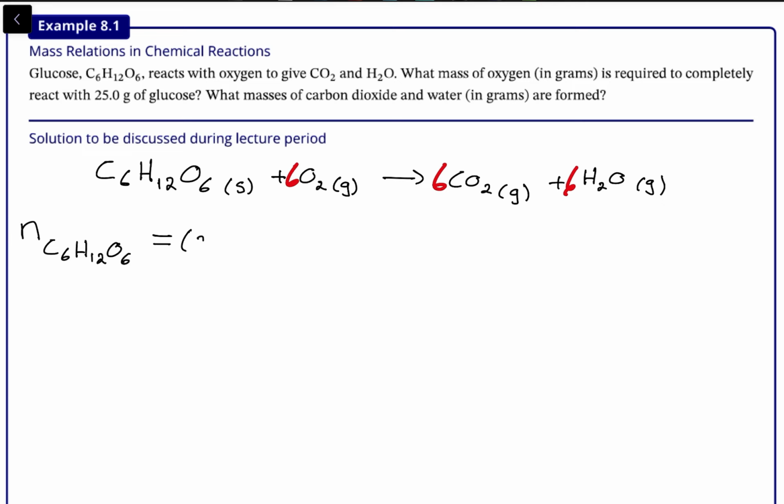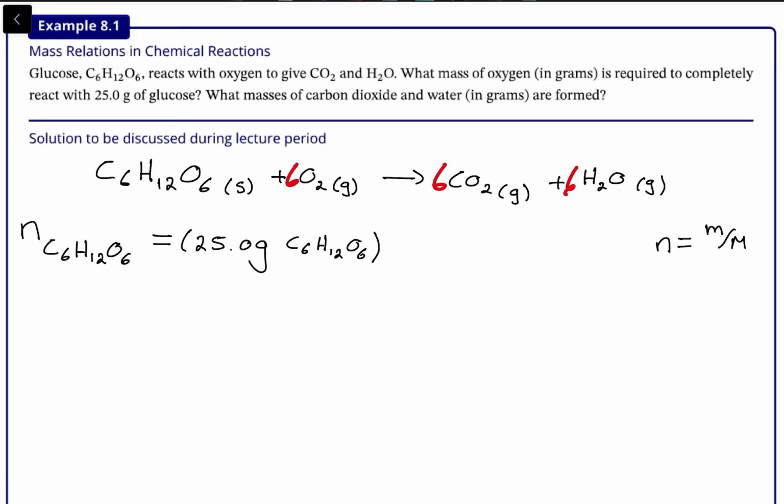We're given the mass, so that's 25.0 gram C6H12O6. And now typically, you can remind yourself that, well, to get number of moles, you would say mass divided by molar mass, right? That's how you want to do it.